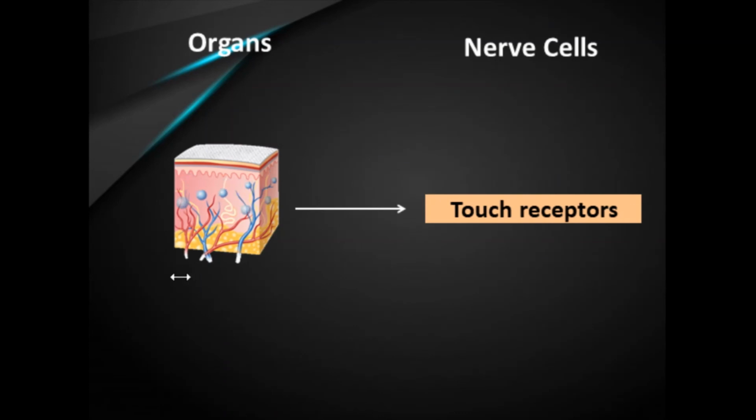Again, for skin, we have touch receptors. These touch or skin receptors bring the impulses or signals to the brain so that we can immediately react to those impulses, shall we call it.